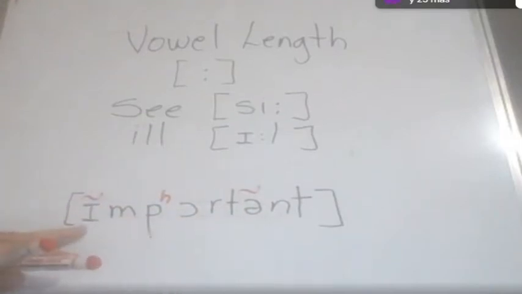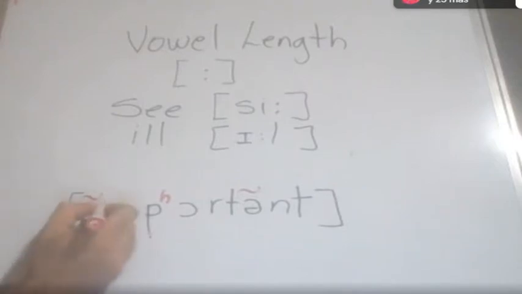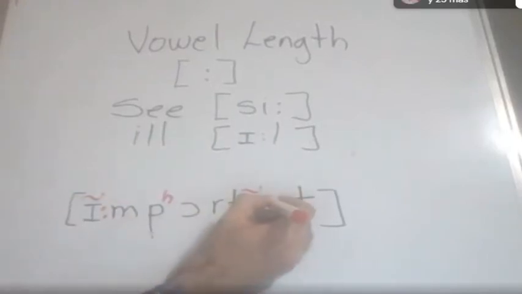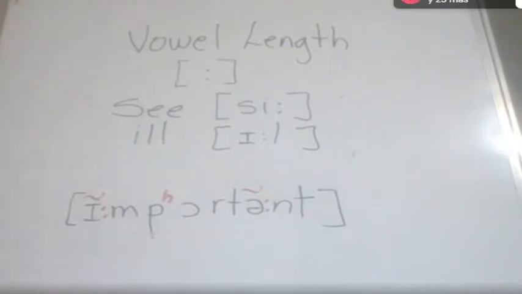So the first thing you need to see is if the next consonant sound is voiced or voiceless. So in this case, all the nasal sounds are voiced, always, okay? All the nasal sounds are voiced, which means here, vowel length, here, vowel length.